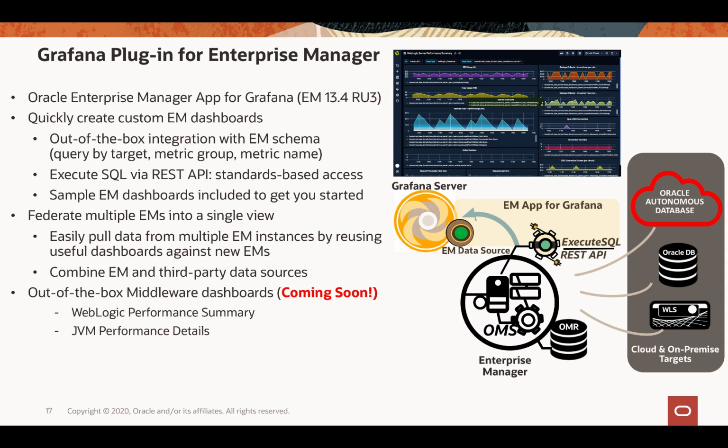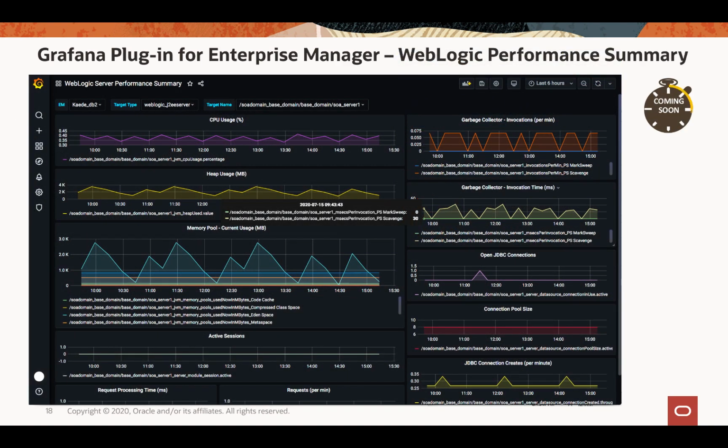Then what do these dashboards look like? Here's a screenshot of the performance summary dashboard of the WebLogic server target type. In this dashboard, there are predefined metric charts such as CPU usage, heap size, memory, or number of active sessions. And the dashboard is fully backed by Grafana's standard visualization capabilities, which means you can customize it the way you want.